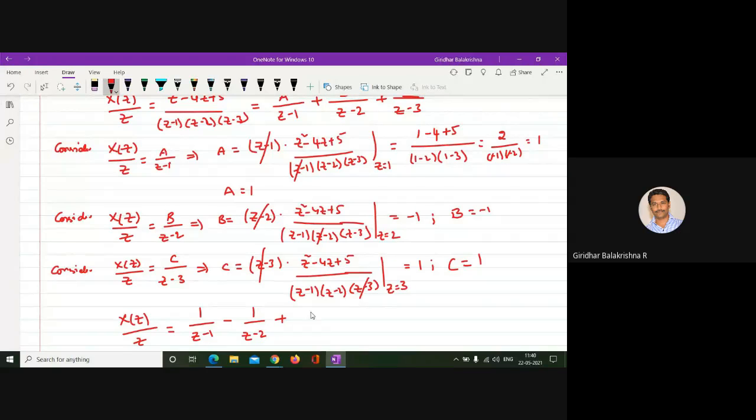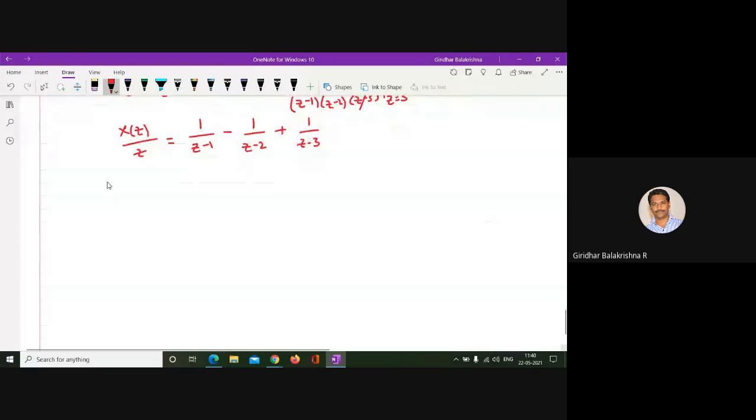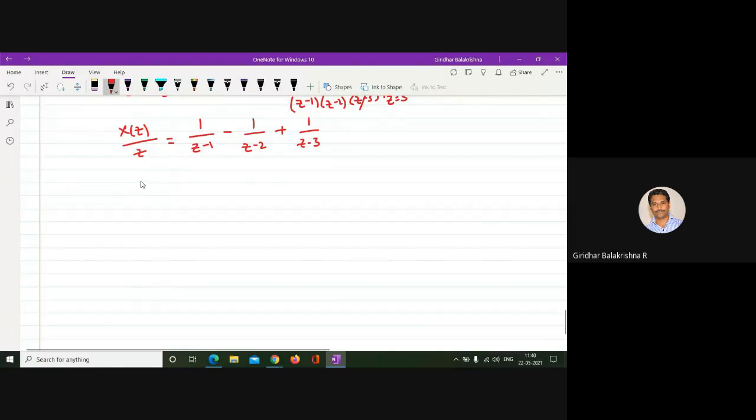Plus C, the value is 1, therefore 1/(z minus 3). Now represent X(z). Therefore, X(z) equals z/(z minus 1) minus z/(z minus 2) plus z/(z minus 3). So this is X(z).